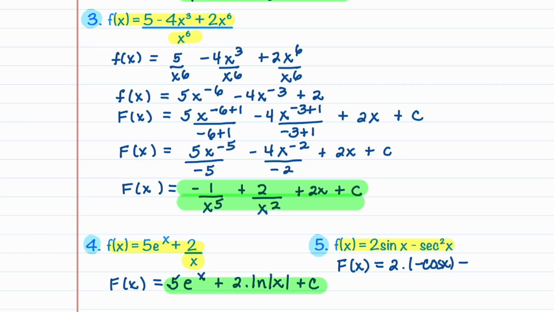And then we subtract off the antiderivative of secant squared, and that is tangent x. And then we add a plus c. We can rewrite this as capital F of x is minus 2 cosine x minus tangent x plus c.